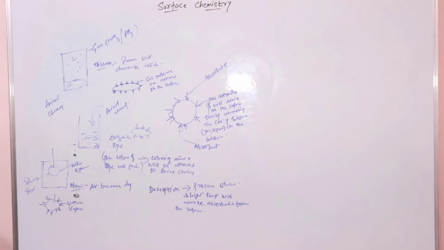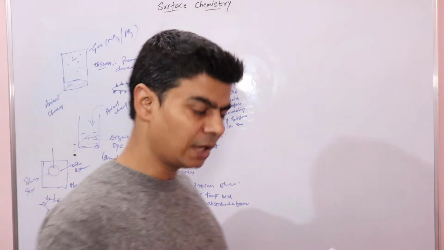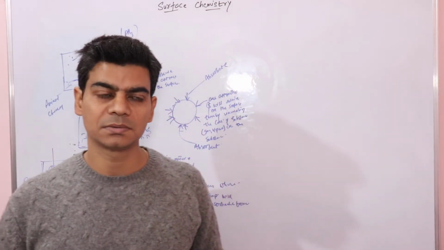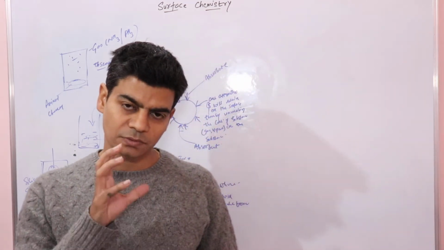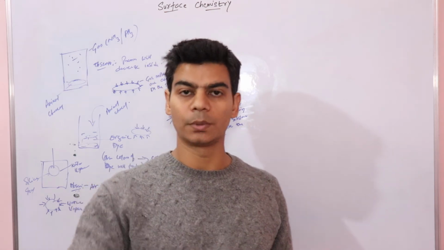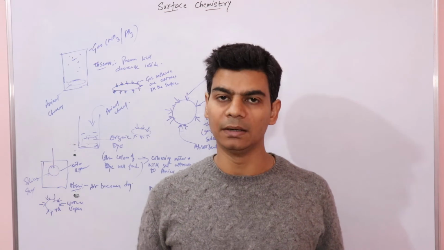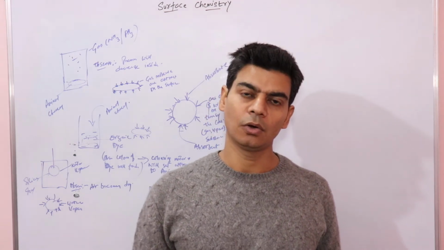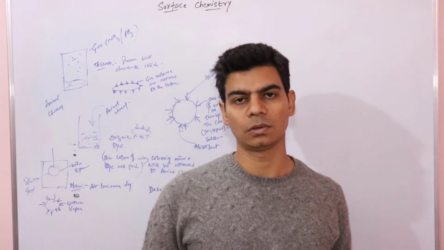We have done this in our previous chapters, in hydrogen. One property of hydrogen is that it gets adsorbed on the surface of metals like platinum, palladium or nickel. This phenomenon of adsorption of hydrogen on the surface of metals is known as occlusion of hydrogen.